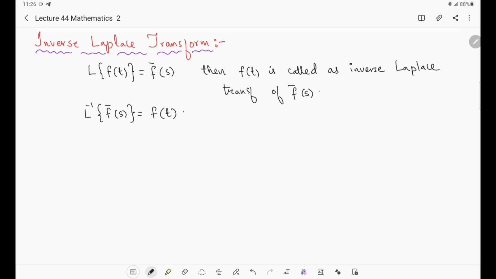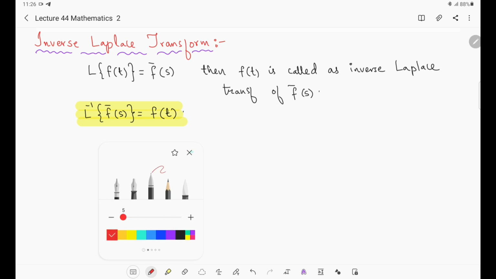Right, this is the definition of inverse Laplace transform. How is it defined? If the Laplace transform of f of t is given by f bar of s, then the inverse Laplace transform of f bar of s is f of t. It is the reverse, the inverse of the actual Laplace transform.